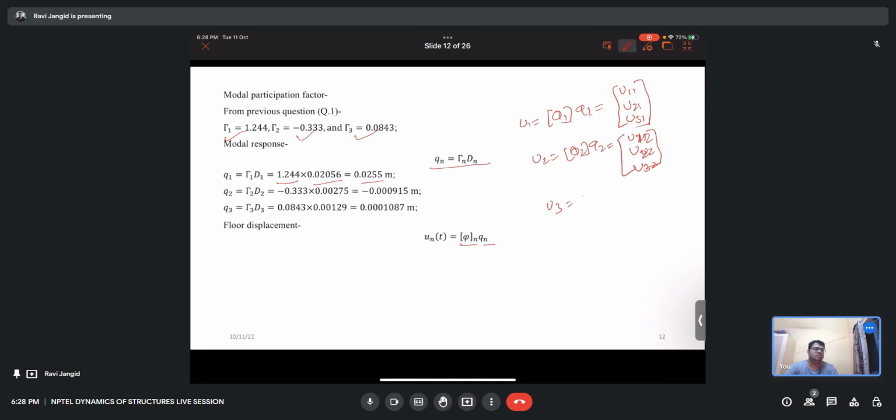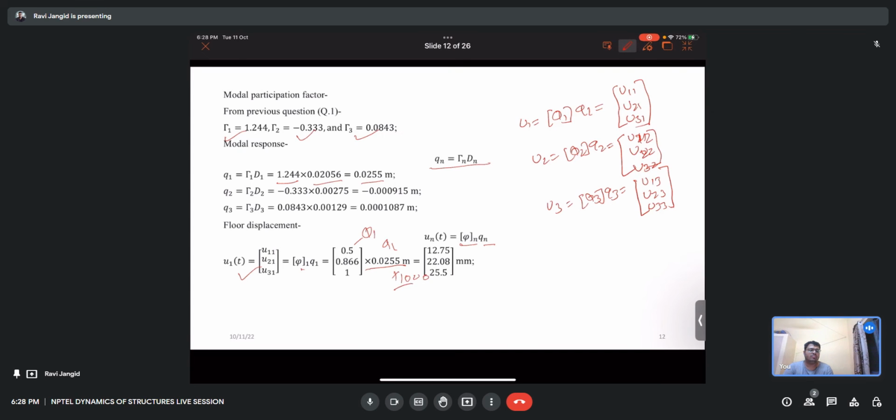For the third mode phi 3 times q3, that would be u13, u23, u33. Okay, so this way you can calculate your u1, u2, u3. So for u1, this is your phi 1 vector and this is your q1. If you calculate and multiply it with 1000 to convert it into mm, that is your u1: 12.75, 22.08, 25.5.